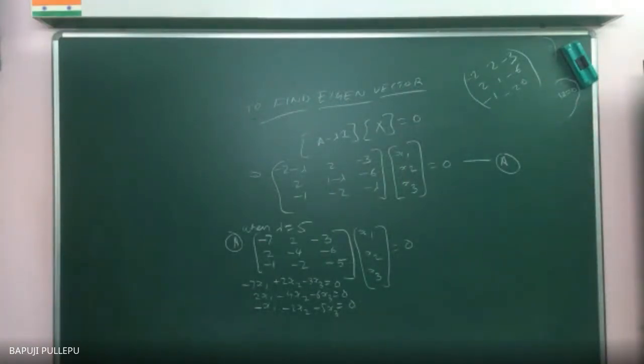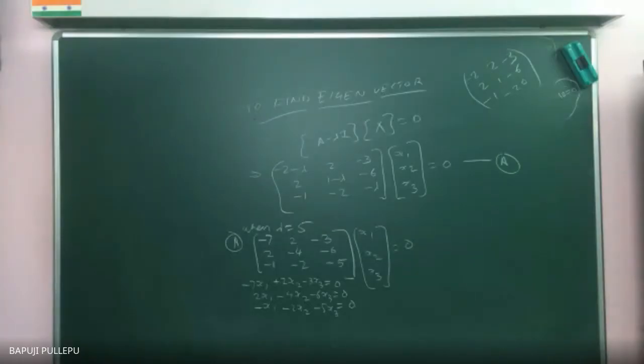So to find the eigenvector, take any two equations, because the three are different. In the second one, if you remove 2 throughout, dividing by 2, you get x1 minus 2, x2 minus 3, x3 also. Or finally it will go off, nothing will happen. Can we take the second and third equations, or 1 and 2? Which two equations do you want to take? Second and third is okay, it appears to have small numbers.